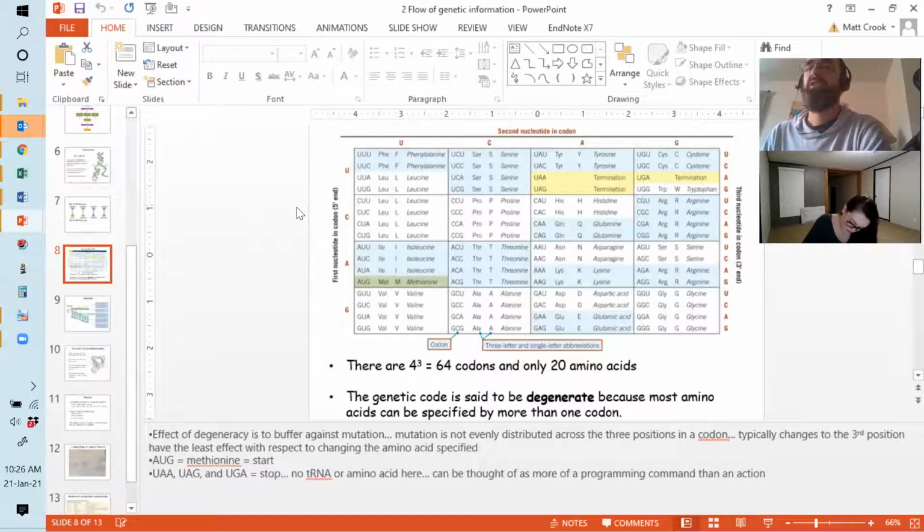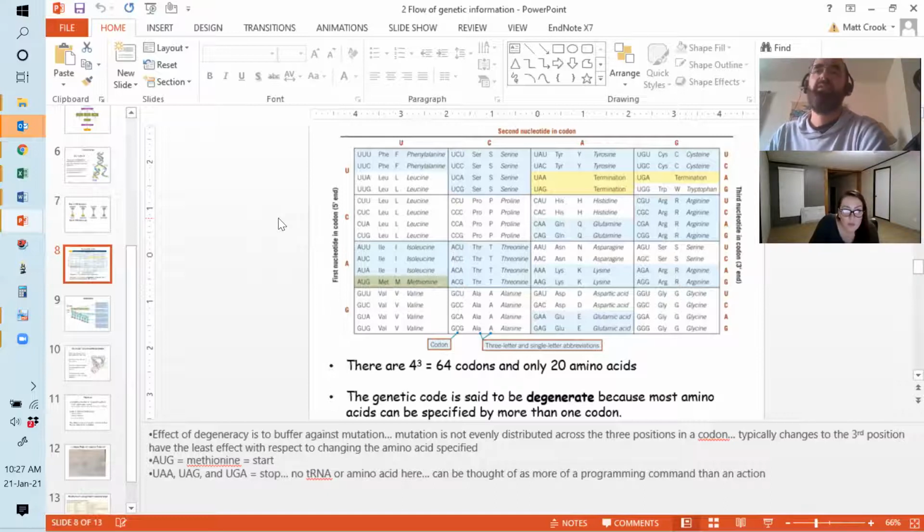And this is actually really useful. It's a very important buffer against mutation, because you can see that, say, for example, in leucine, you can have the last letter of that codon be anything, and it doesn't matter. You'll still get a leucine in that place, right?